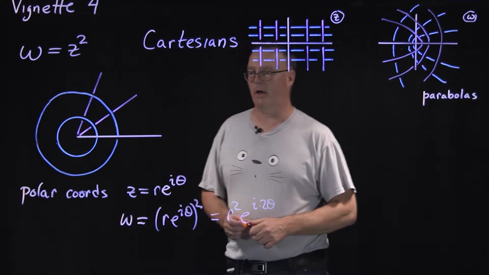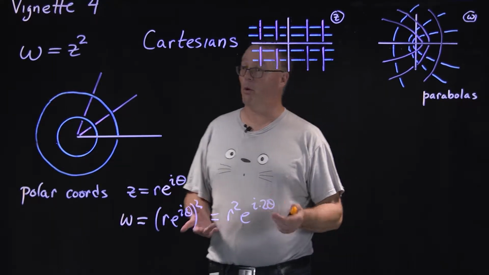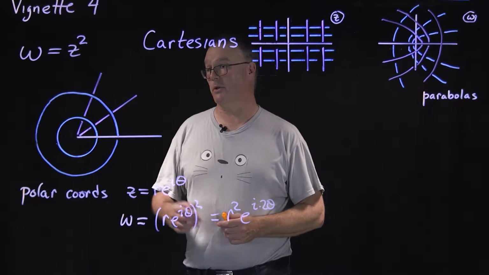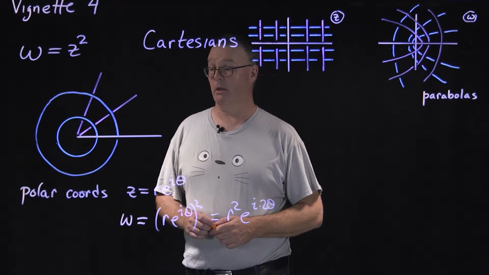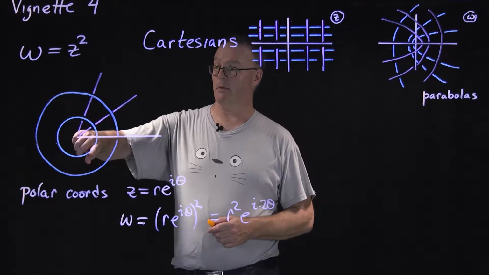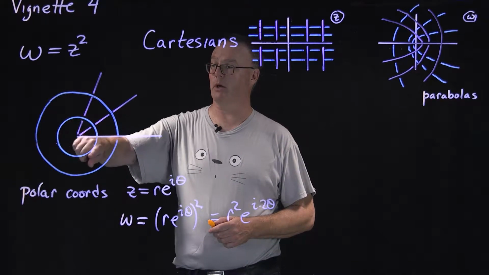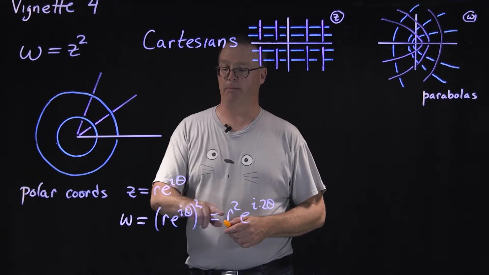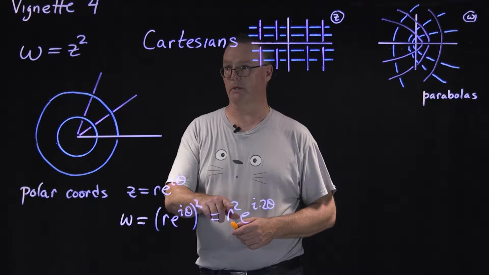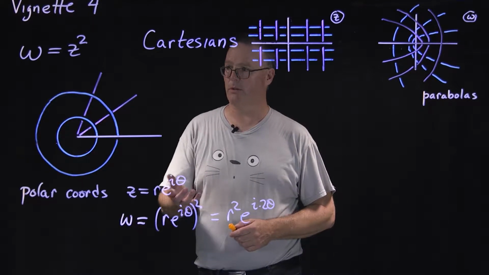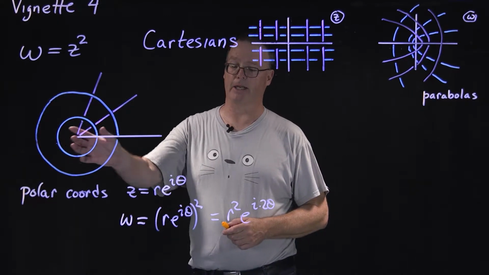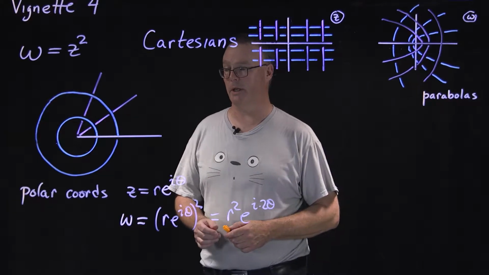So the graph of w in the polar coordinate plane is going to be very similar, because the lines r equals constant will be mapped into the lines r squared equals constant, which is a circle. So a circle in the z plane gets mapped to a circle in the w plane.